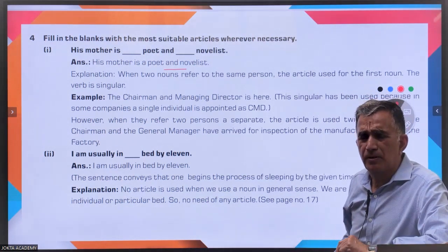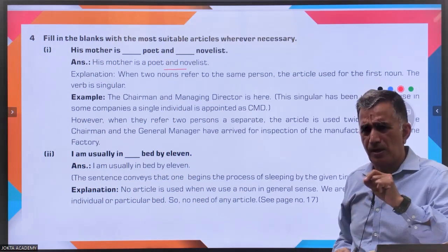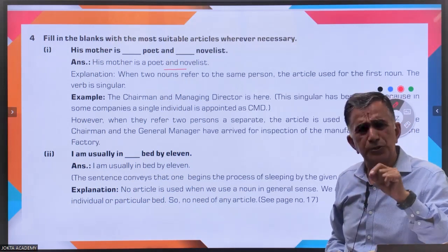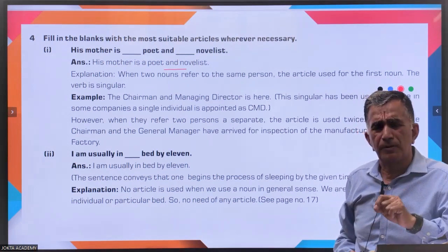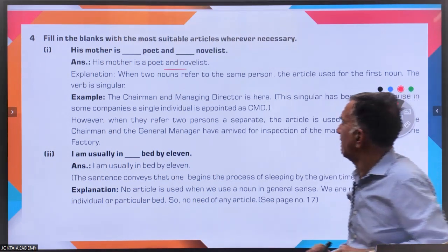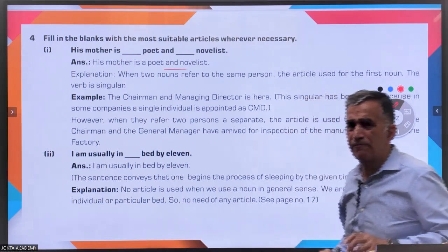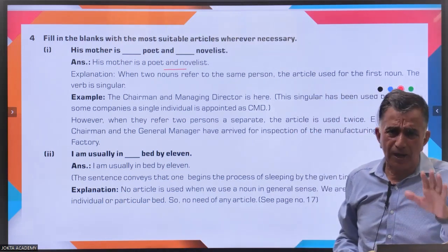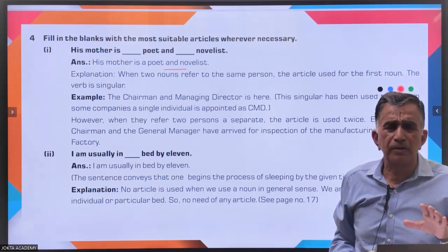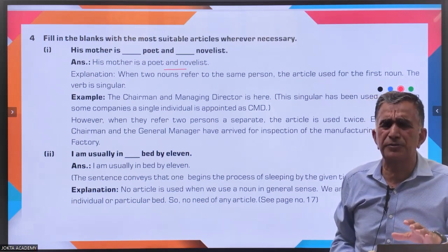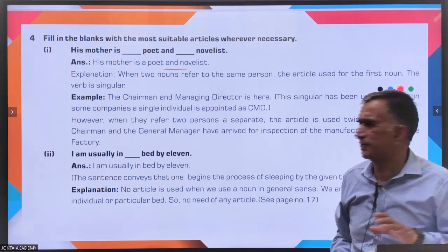For example, Mr. A.K. Sharma is the chairman and managing director of Canara Bank. Only once. But when there are two different persons, article is used twice. The chairman and the managing directors have come with their teams.